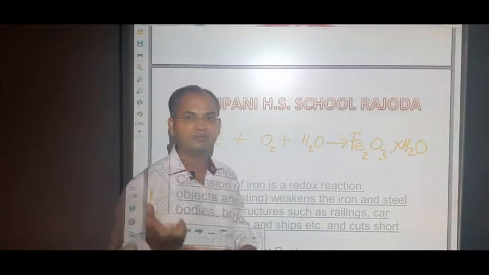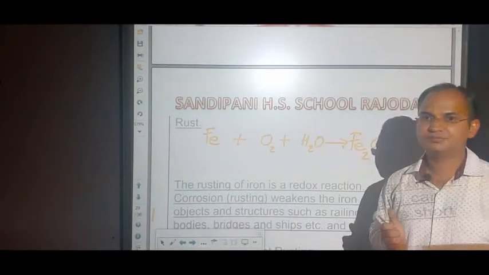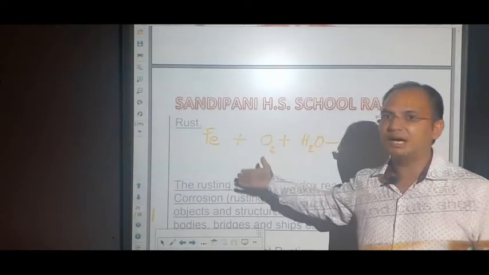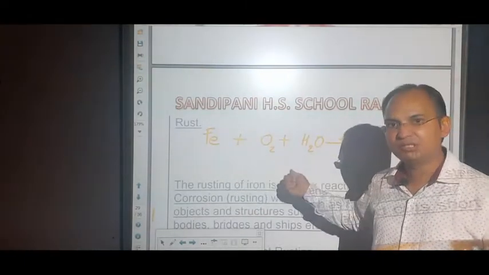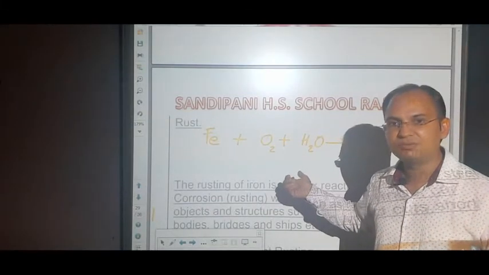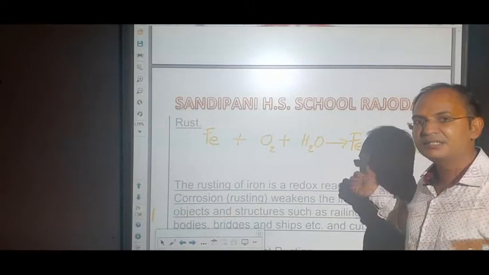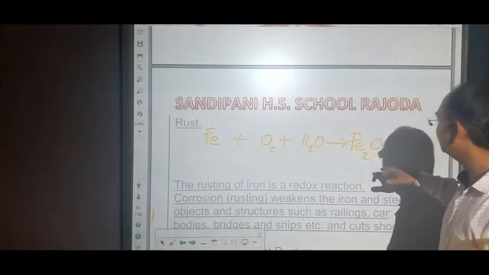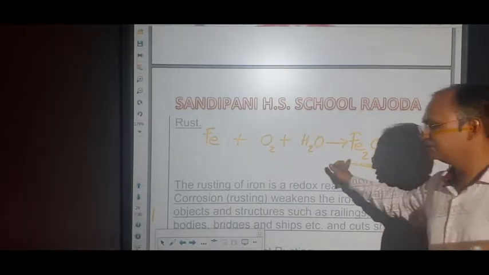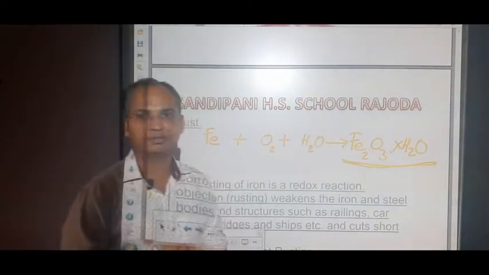The amount of water may vary according to the moisture present in the air. So students, it is a very simple reaction. Whenever iron reacts with oxygen and moisture, that is water, H2O, it forms Fe2O3.xH2O. In our day-to-day life we call it rust, that is hydrated ferric oxide.